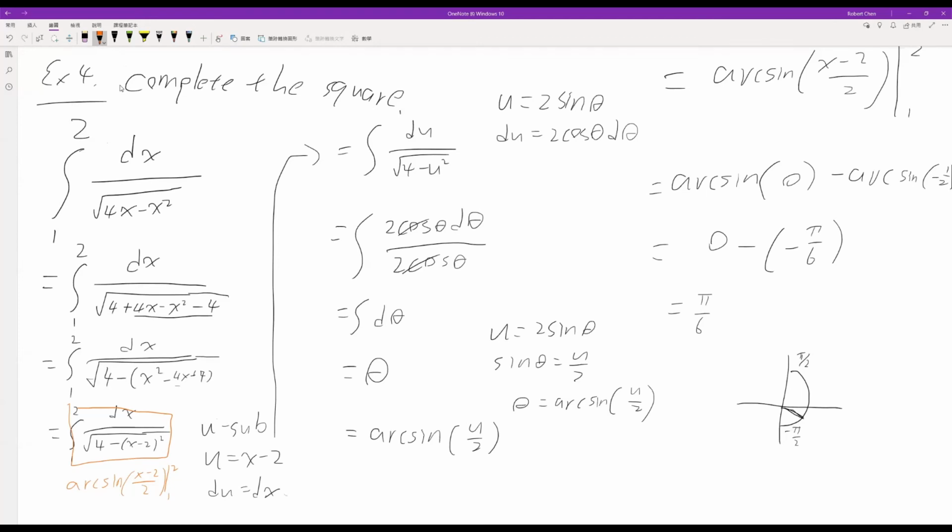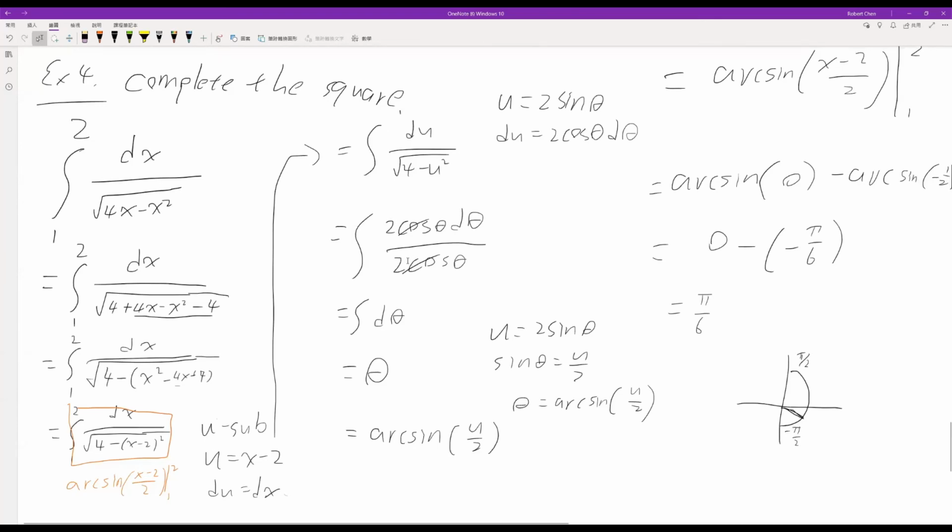So not everything that looks like this requires a trig sub. Most of the time it has something to do with trig functions or inverse trig functions, in this case. All right, and that'll be it for today.